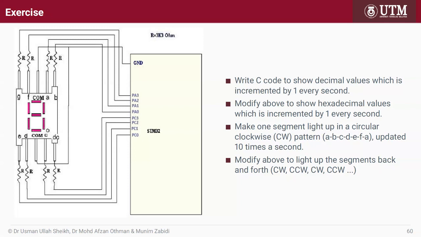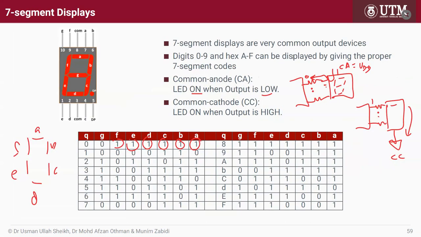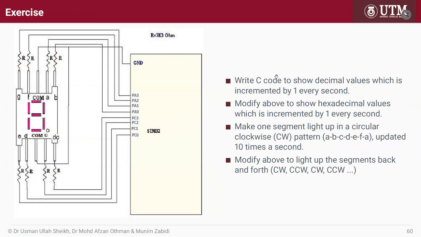You can write C code to show a decimal value which is incremented by 1 every second: 0, 1, 2, 3, 4 until 9, and then restart at 0, 1, 2, 3, and so on. Then you can modify this code so that it shows hexadecimal values: 0 to 9, then A to F, and back to 0.